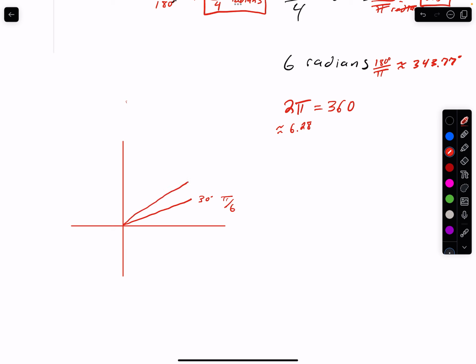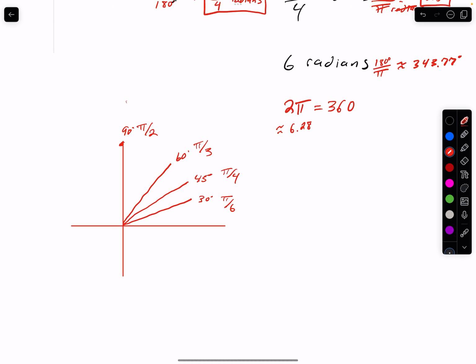If I open up 45 degrees, I have pi over 4 radians. And if I open up to 60 degrees, it's the same as pi over 3. And the 90-degree rotation, which is straight up, is going to be pi over 2 radians.